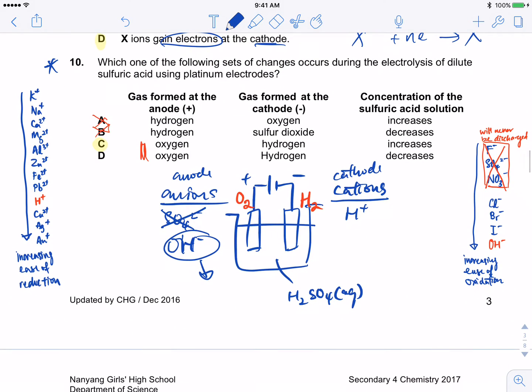The overall equation should be 2H2O gives us H2 plus O2 gas. So you can see that actually we are using up your water. When you use up water, the concentration of the solution should increase because water is being used up.